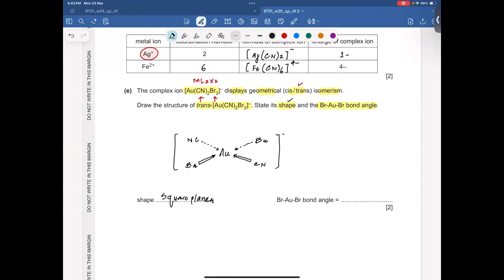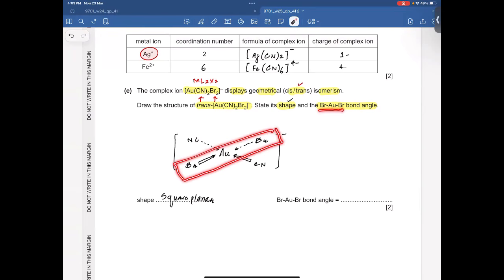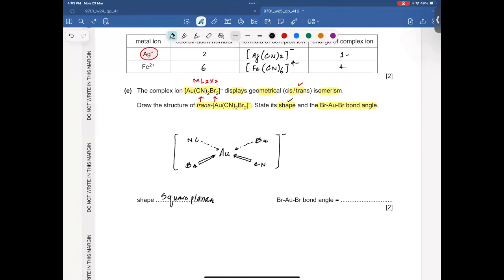And we need to mention the negative charge because the examiner has mentioned a negative charge here. Okay, the bond angle of this is basically, the examiner is looking for this angle, and this angle is going to be 180 degrees.